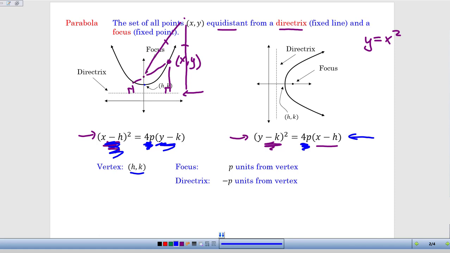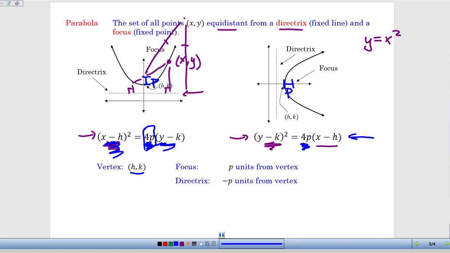That number out in front has a value of 4 times this number p. And p is the distance from the vertex to the focus. So this distance right here, from here to here, that's p.